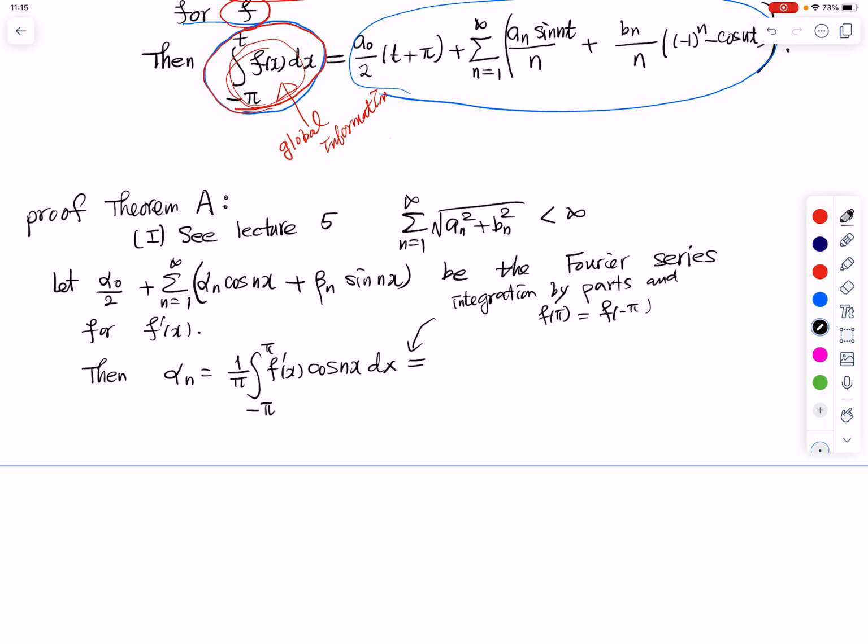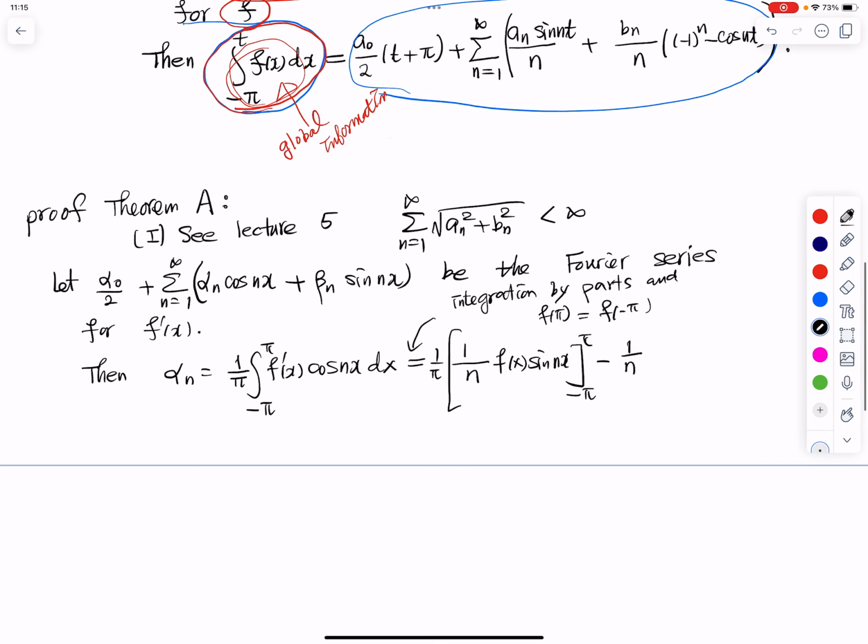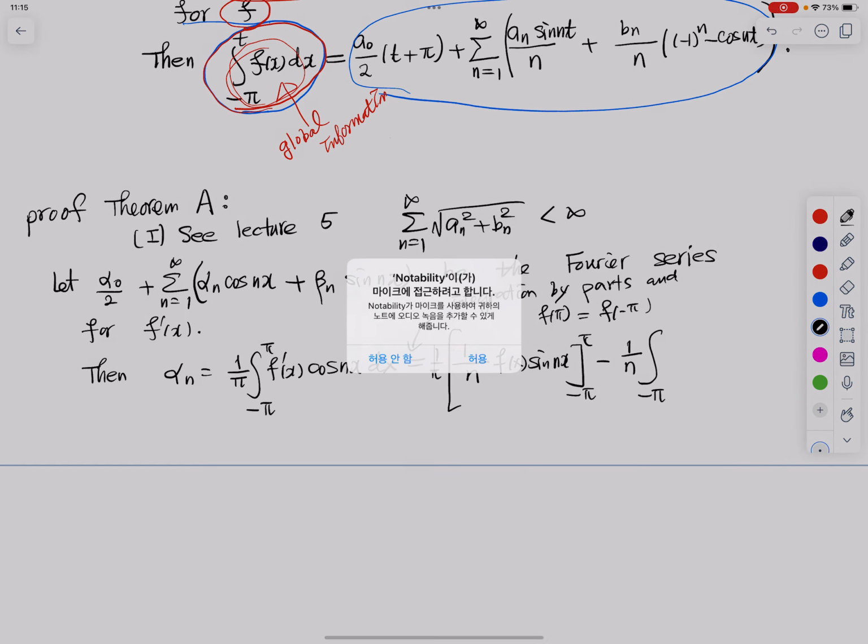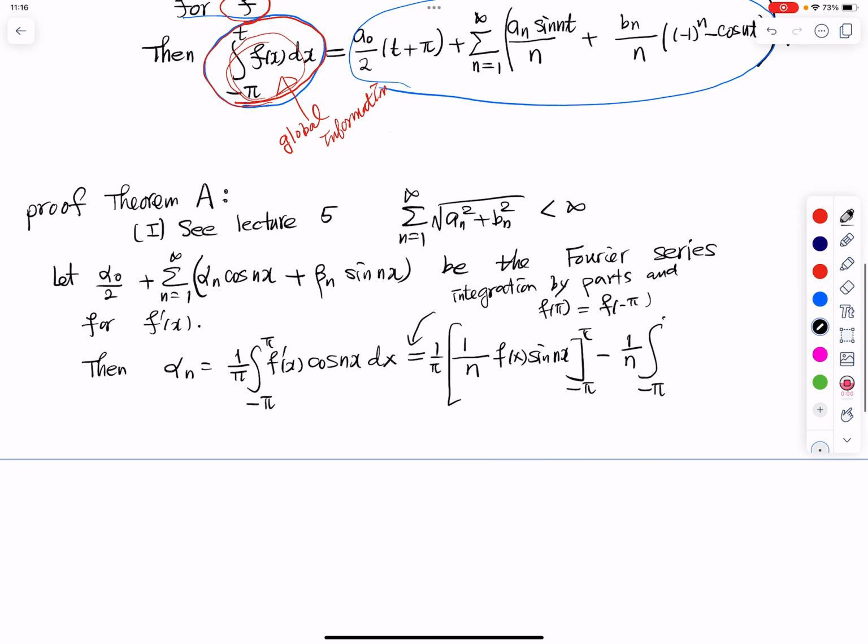Remember when you do this, that would be 1 over pi times 1 over n f(x) sine nx from minus pi to pi, and then minus cosine, so that would be 1 over n times the integral from minus pi to pi.